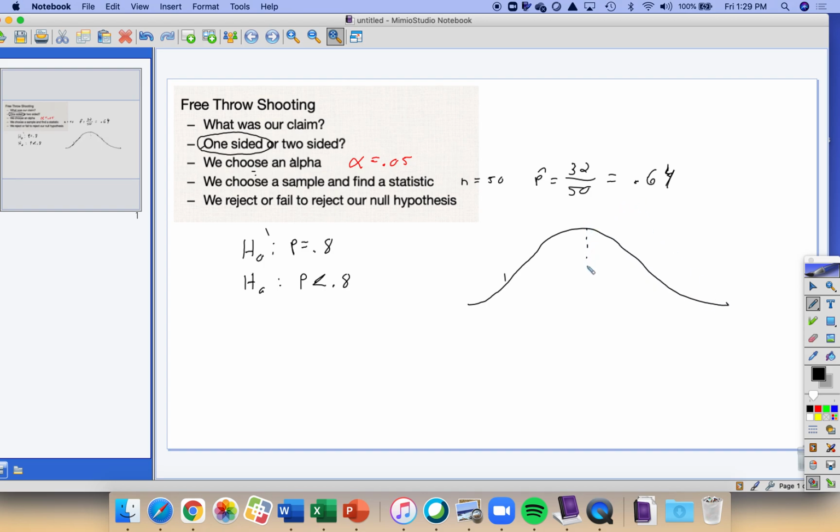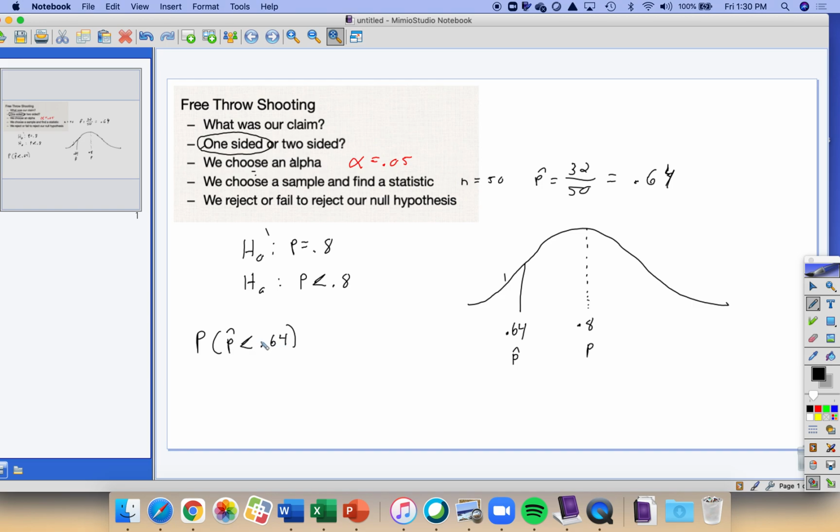We're going to assume my claim is true. So here's the center of my distribution, 0.8. And here is 0.64, because that's my p-hat. Here's p. And we want to know what is the probability that p-hat is less than 0.64.